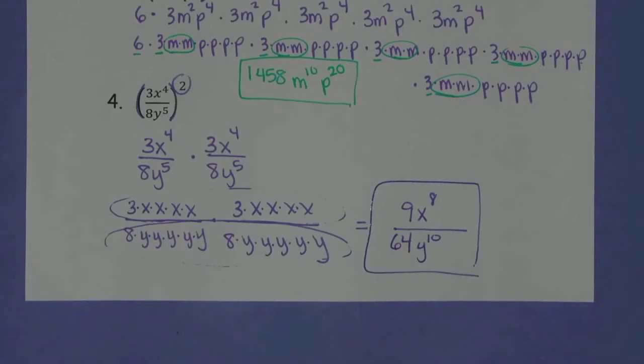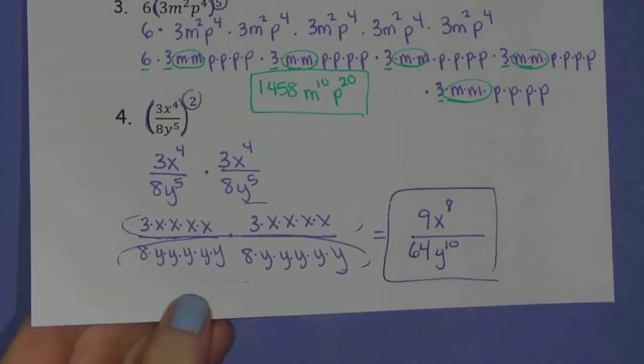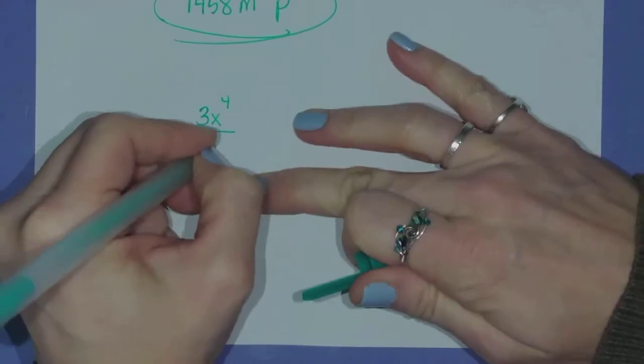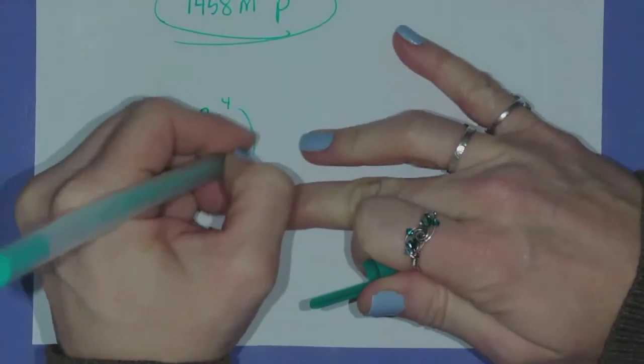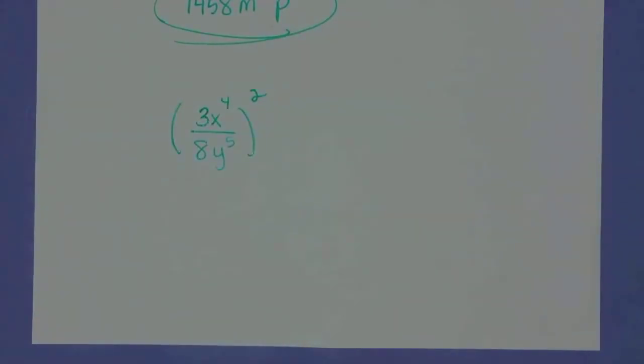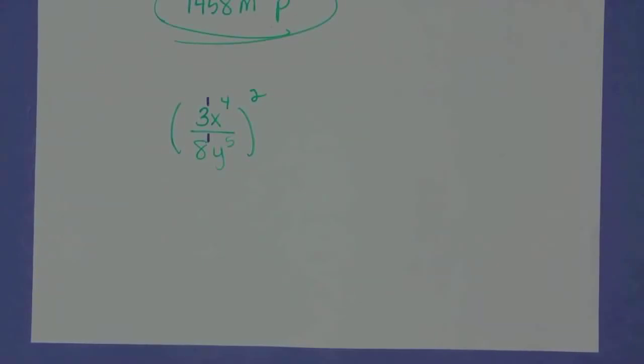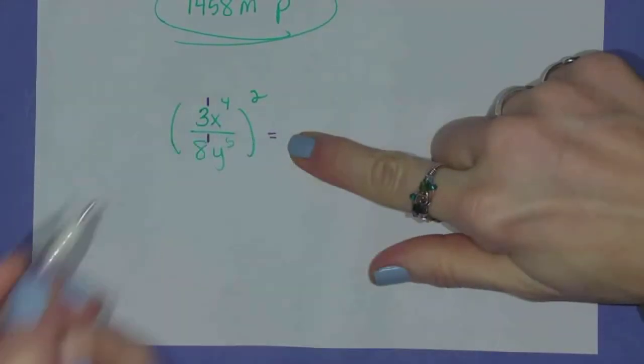Now, if you're shortcutting it, I don't want to ignore you. Let me recopy the problem on the back and show you how that would go. So you had 3x to the 4th over 8y to the 5th, and this was all squared. If you're shortcutting this, don't forget, put your 1s as your exponents on your constants and proceed.